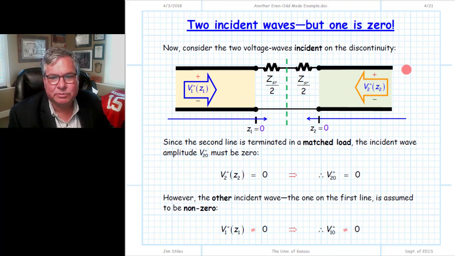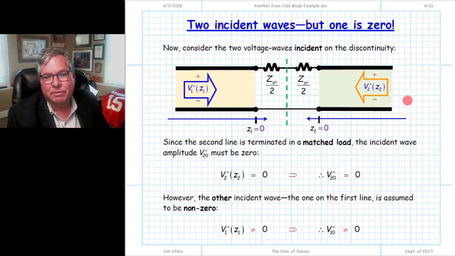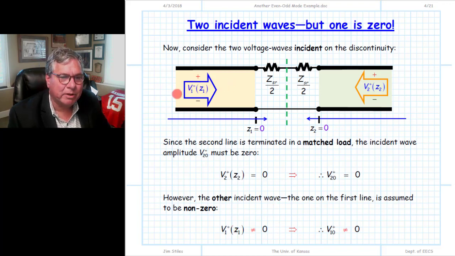More specifically, since we terminated the transmission line on the right with a matched load, we knew the wave incident on the structure from the right side, that plus going voltage, would have to be equal to 0. So the plus wave voltage coming from this side was equal to 0. In our analysis, we assumed that the plus wave voltage coming from the left side, V1, was some non-zero value.